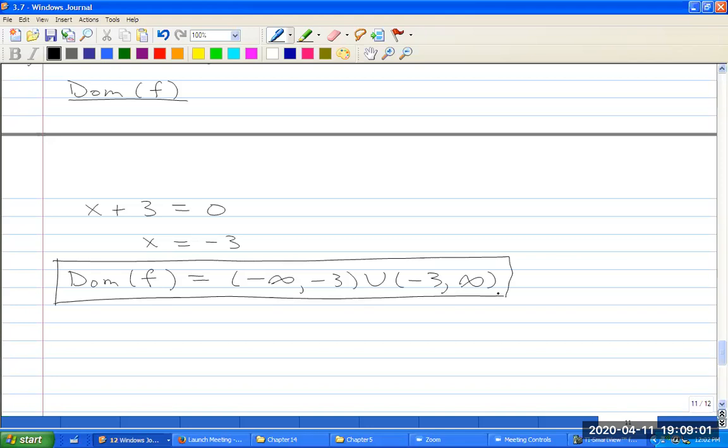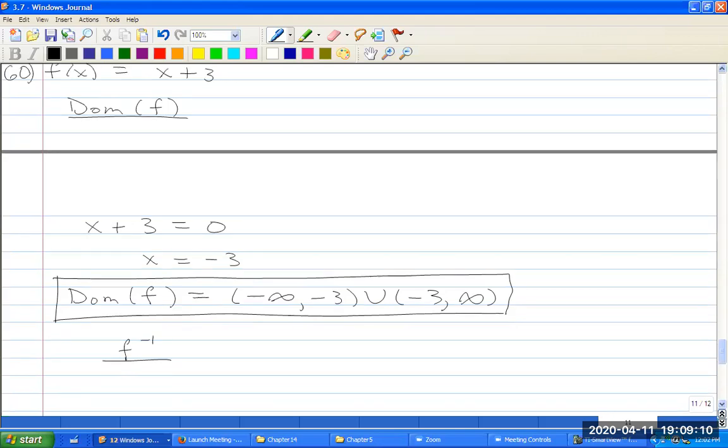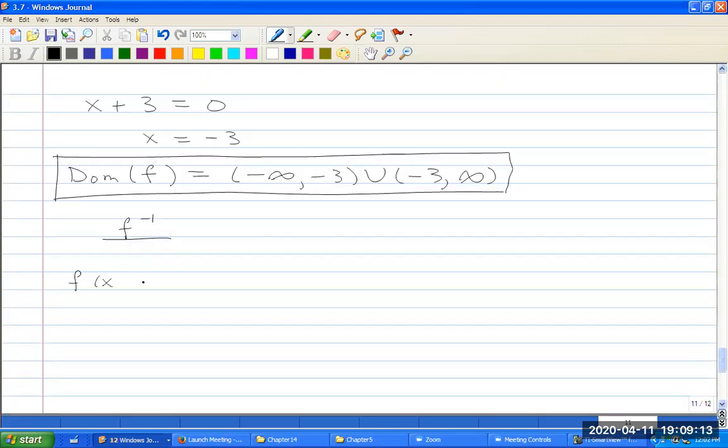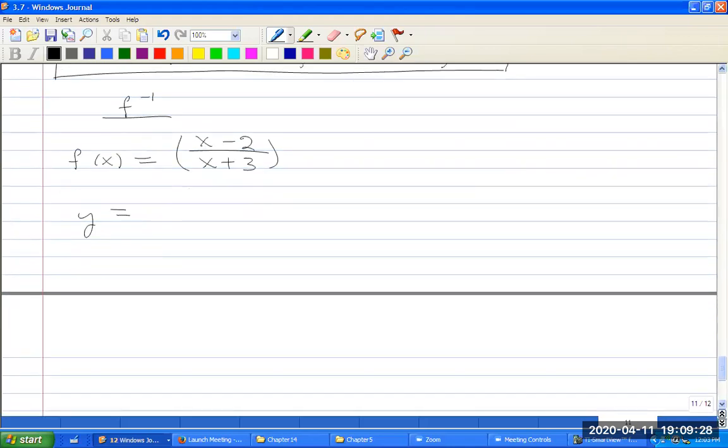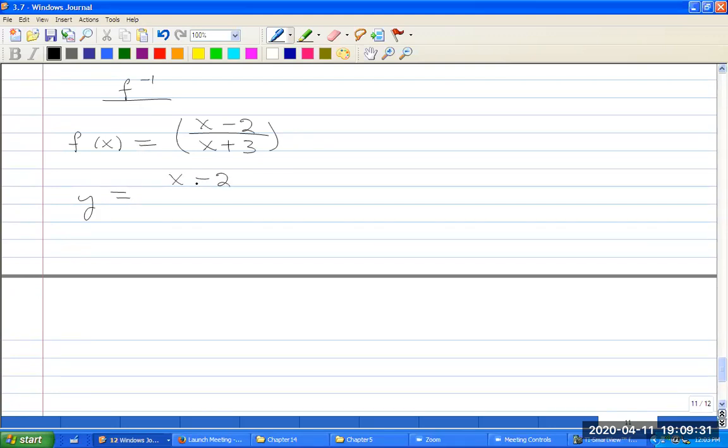So now let's determine the rule that gives me f inverse and then find the domain of that. And so f of x is equal to x minus 2 over x plus 3. Let's write f of x as y. Interchange x and y. Solve for y.